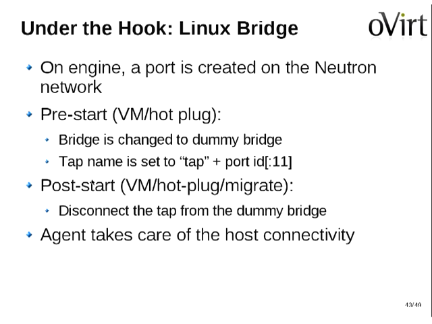There are hooks for pre-start and post-start of the VNIC of the VM. So then we just disconnect the tap from the dummy bridge, and we get the dangling tap. And the agent can do his magic. Because the agent knows many things that we don't. It knows, first of all, which network it needs to go on.